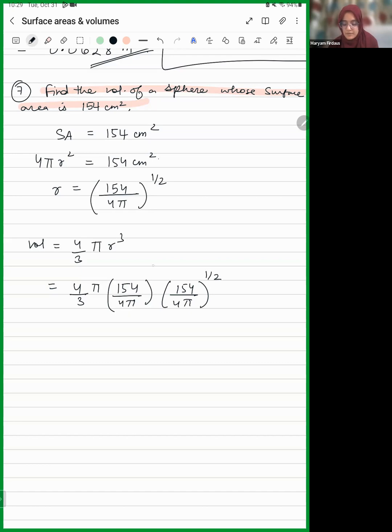See, 3 by 2 is nothing but 1.5, and 1.5 can be written as 1 plus half. That is why I have written this thing separately, power 1, and this thing separately, power half. Is it clear to everyone till here? If there's anything you didn't understand, please ask.